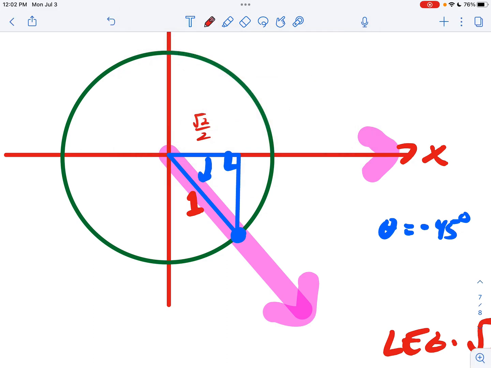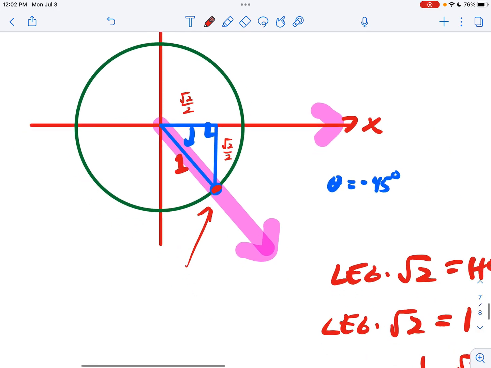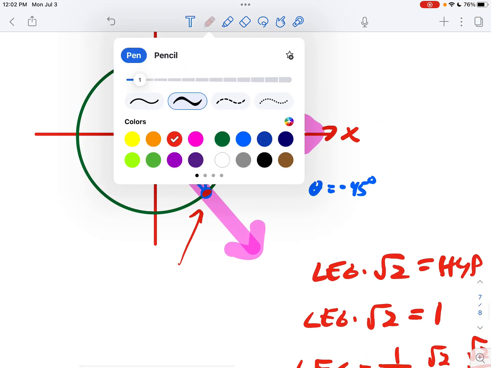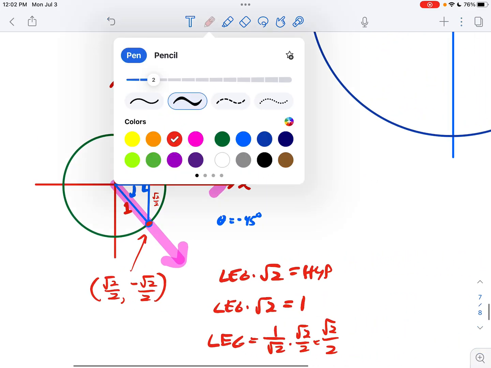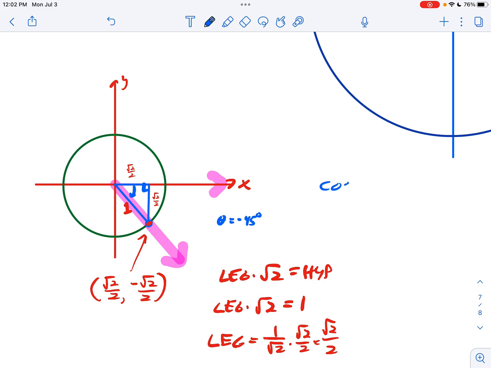This distance here is also root 2 over 2. So where is that point? Well, based upon the diagram, we know the x-coordinate is positive and the y-coordinate is negative.